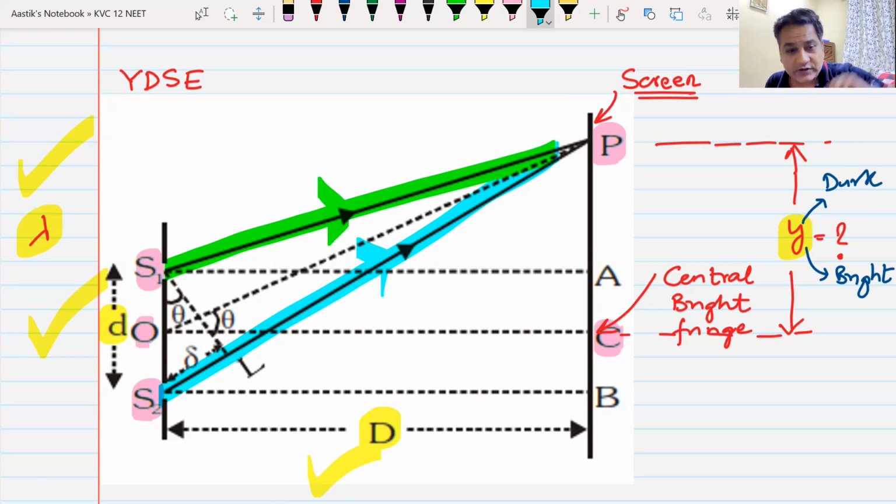We just have to calculate the path difference, delta x. The difference in the distances the two waves travel is the path difference. Looking at the diagram, what is the path difference between the two waves?